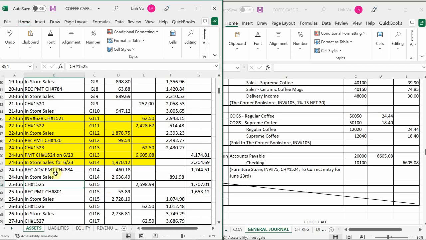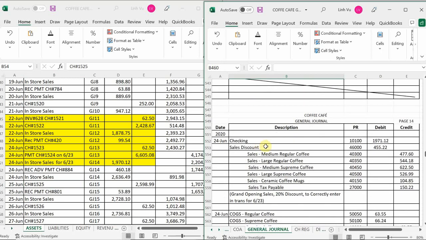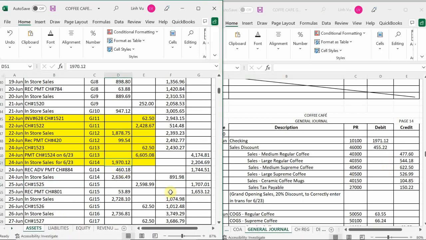Oh. In-store sales for 1970. 1971. There you go. Boom. And I typed in 1970 when it's supposed to be 1971 and 17 cents. 1971 and 17 cents. So there you go.